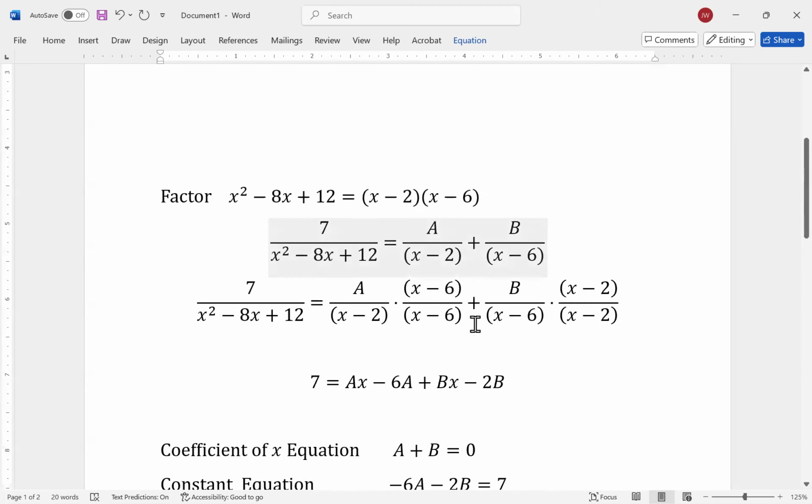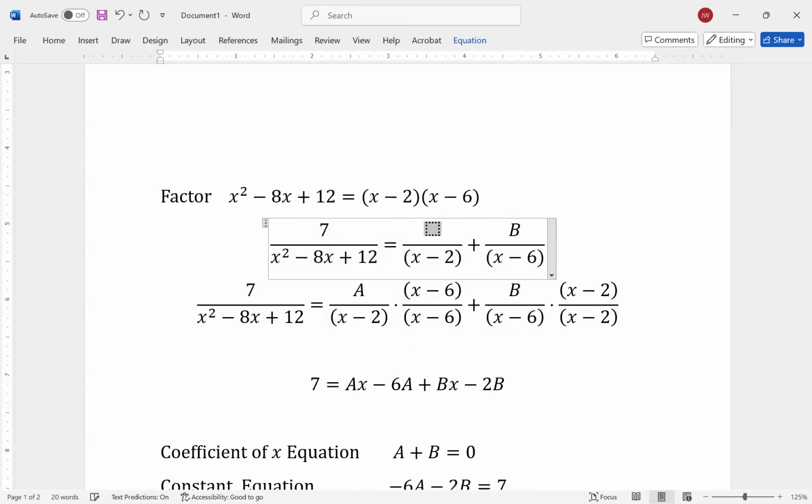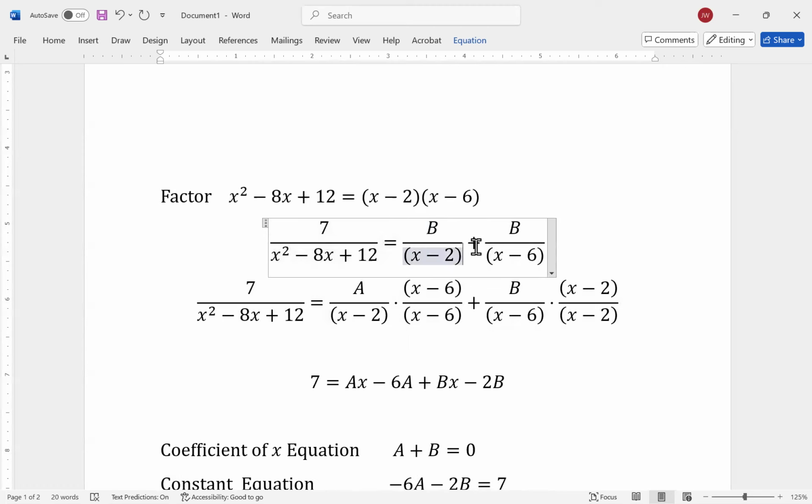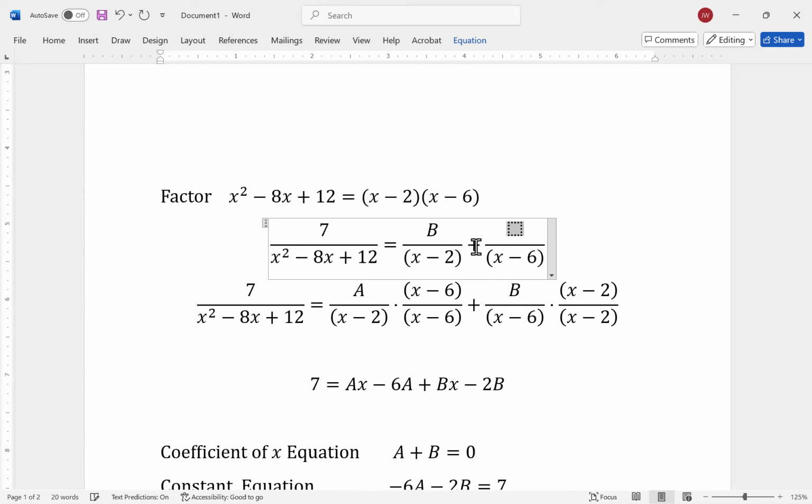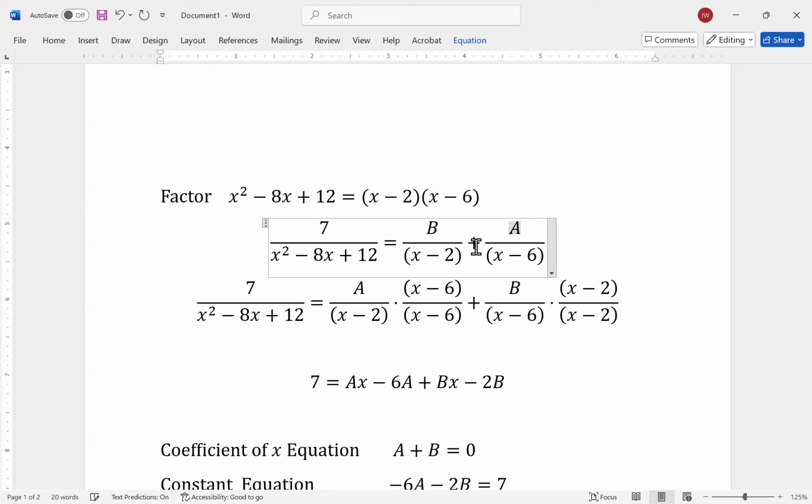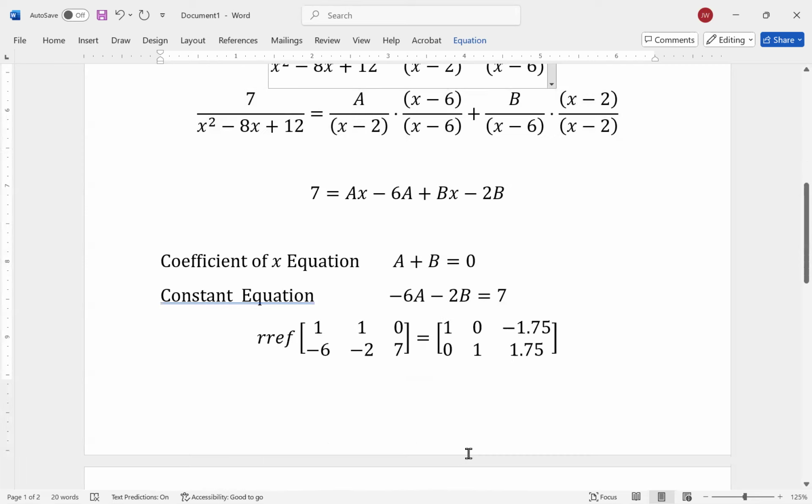Now you'll notice that I put the a over the x minus 2 and the b over the x minus 6. If you would have swapped those, if you would have put the b over x minus 2 and the a over the x minus 6, then all of this work would have been reversed, and the roles of a and b would have been interchanged, and so the numerical values for a and b would have been interchanged.